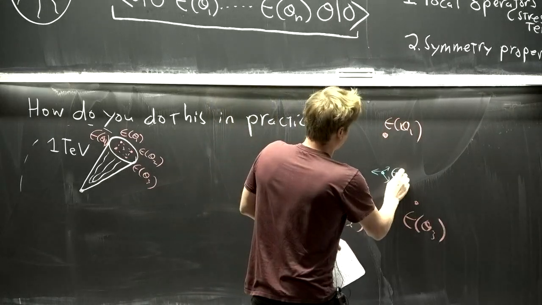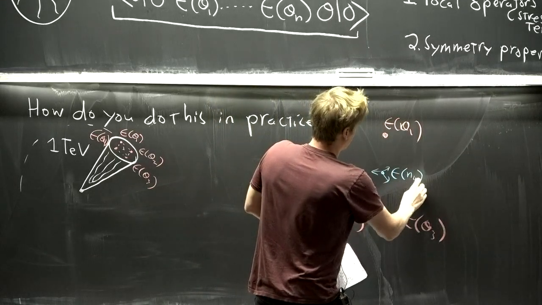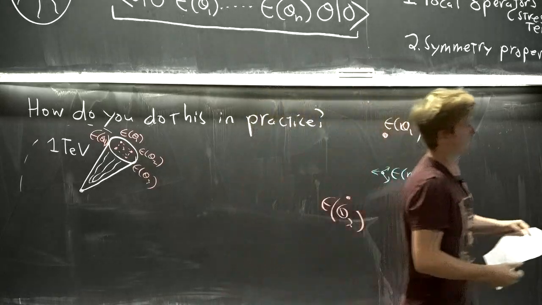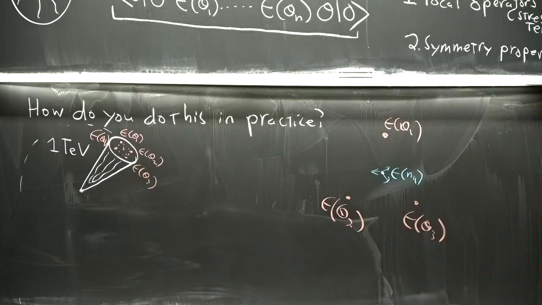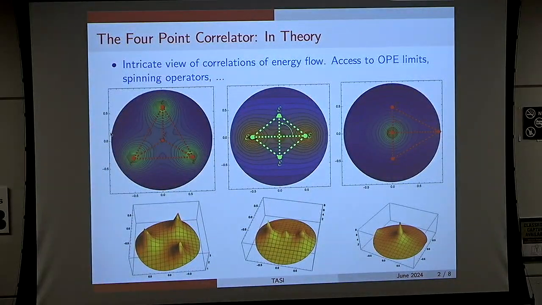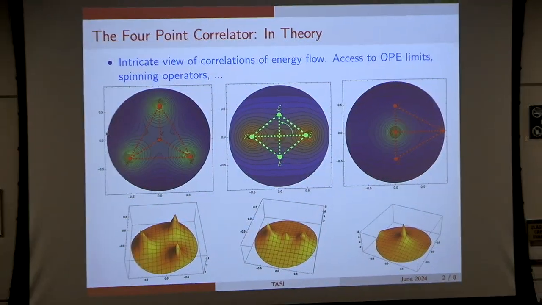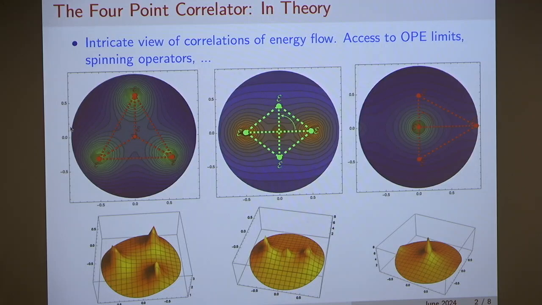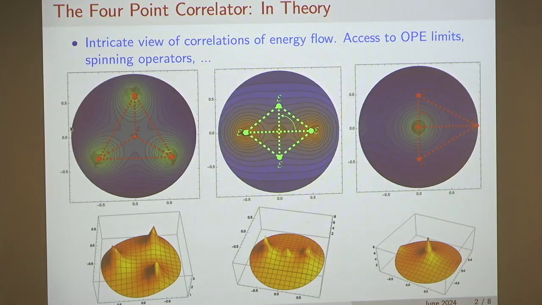And so you can see that it has this fairly intricate shape where it's, for example, very peaked as it becomes close to any of the other operators. This is something which is normal for operators: as you bring them together, you expect some form of singularity. In this particular case, this is a singularity of QCD, or in particular of gauge theories.